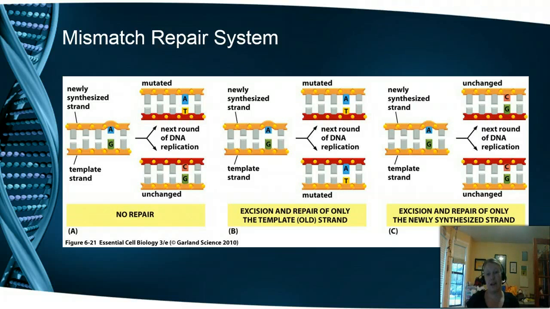Now if we correct the actual one that's broken, we can fix it, and so both of them are unchanged going forward. So you can see how there's a lot of room for error when these issues happen. So we've got to make sure we fix them properly. And we'll talk a little bit about how that works here in just a little bit. But it's really important that we understand just the ramifications and how this can easily be passed on.